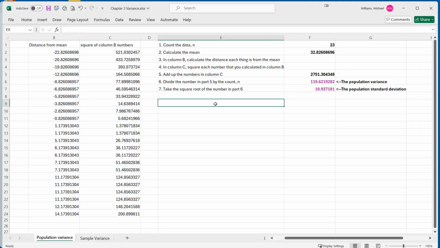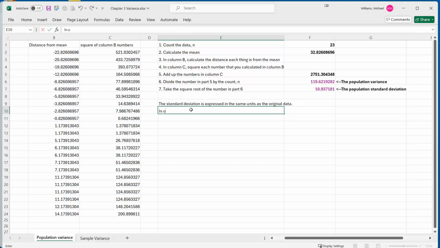The standard deviation is expressed in the same units as the original data. That's a fact. In other words, I spelled original wrong. I desperately need a spell checker for Excel.